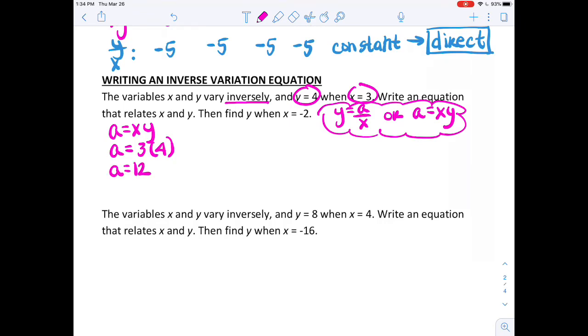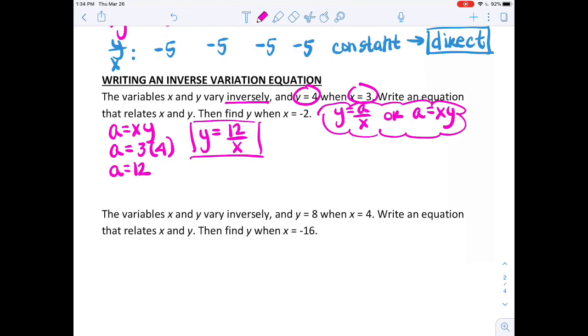Okay, so now I know my constant of variation, and I can write my actual equation, the generic equation for this. So I know that y is equal to 12 over x. There is my equation right there. That's part 1. Part 2 is that we want to know what y is when x is equal to negative 2.